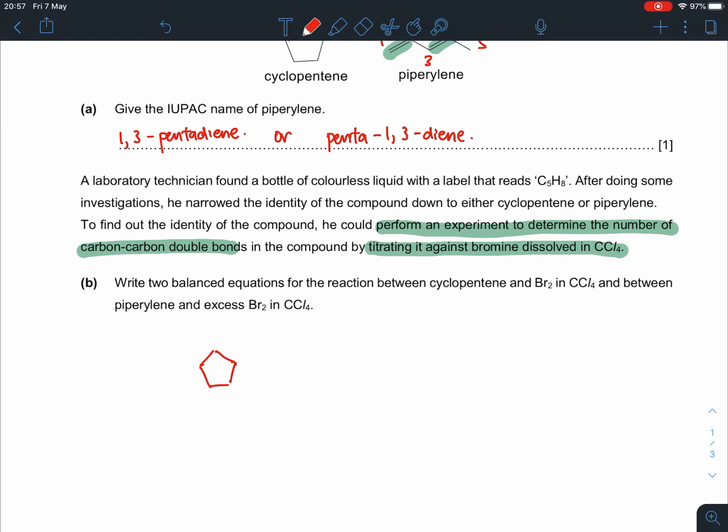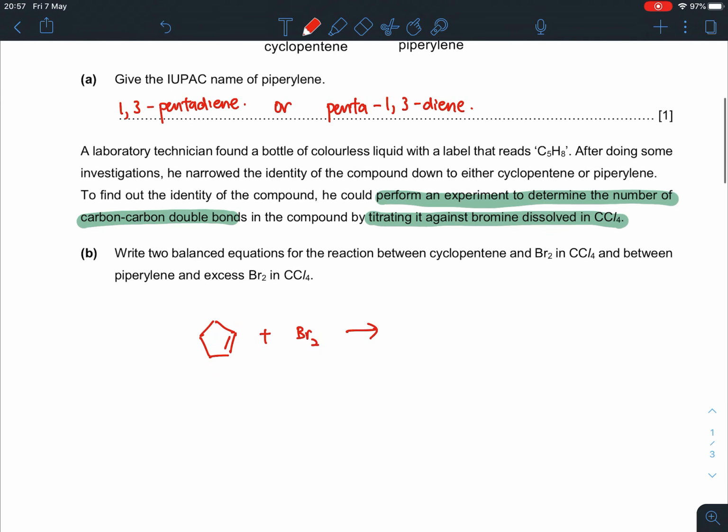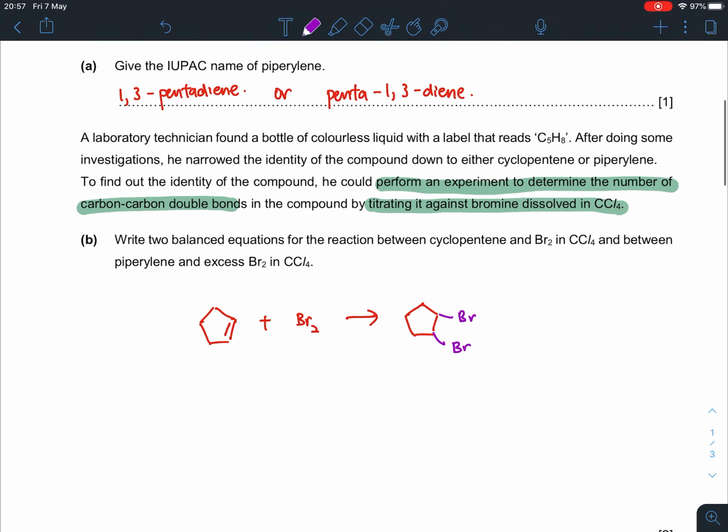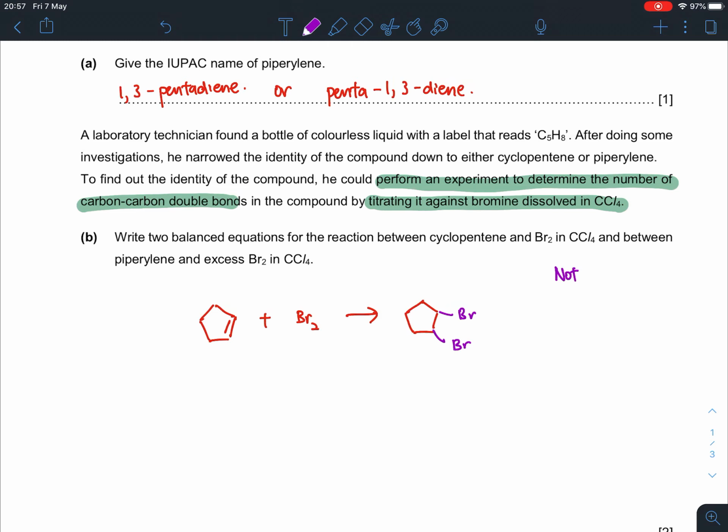Okay, for cyclopentene, there's one double bond, and we know that the double bond can react with Br2, and in such a case, this is an electrophilic addition, which adds a Br across the double bond. Okay, and this is balanced. Okay, so just take note that you cannot write a condensed formula because we want to know the exact compounds.